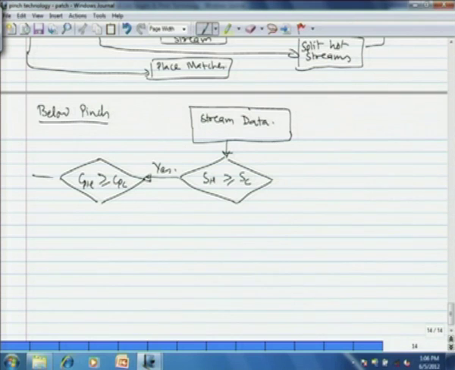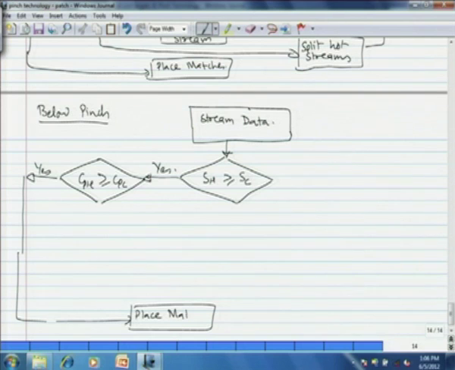If that is also satisfied, which is the luckiest situation, then you can go and place the matches. In case the stream population criteria is not satisfied, then you have to go and split the hot streams, and once again check whether the stream population criteria is satisfied, then the CP criteria is satisfied, and then if that is done, you place the matches.